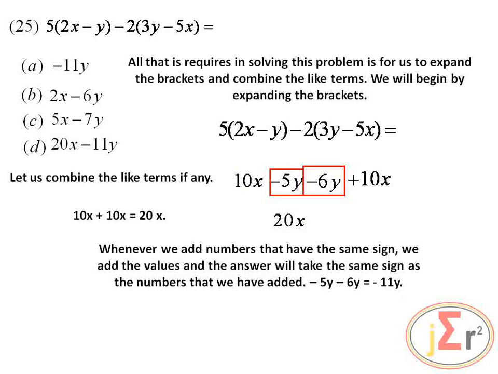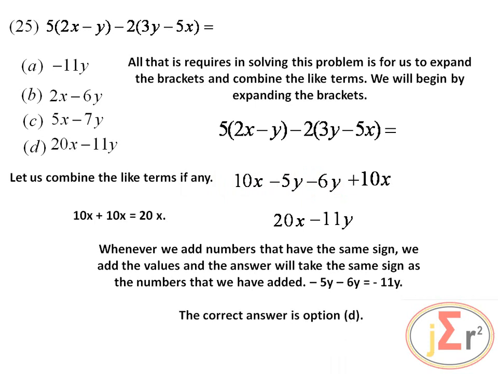Whenever we add numbers that have the same sign, we add the values and the answer will take the same sign as the numbers that we have added. Rule 2 of adding positive and negative numbers in Richard James Mathematics Resources. So we have a negative 11y, adding the values and applying the common sign to the answer. The correct answer is option D.